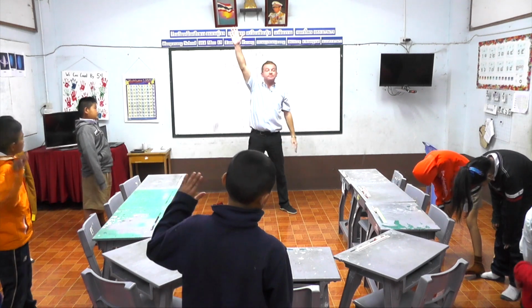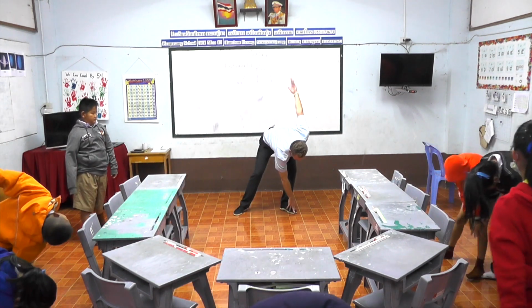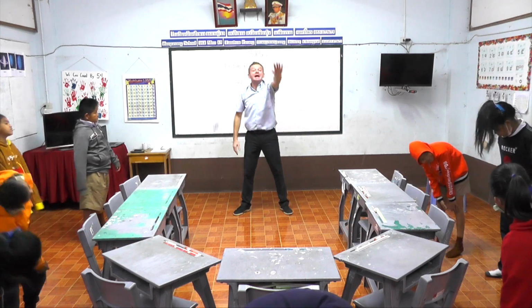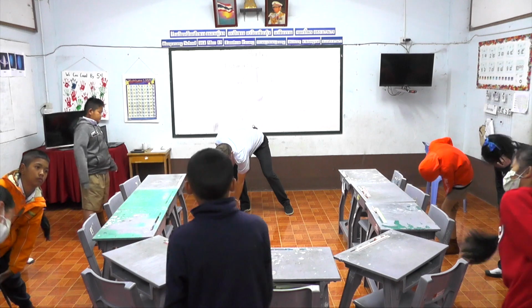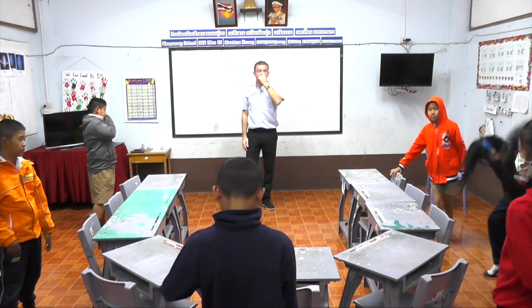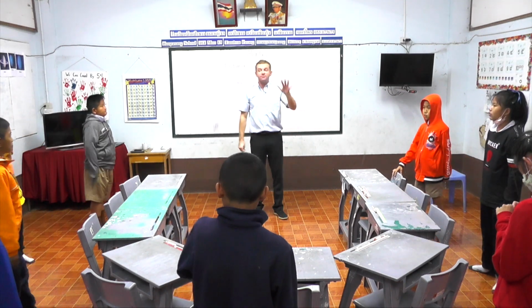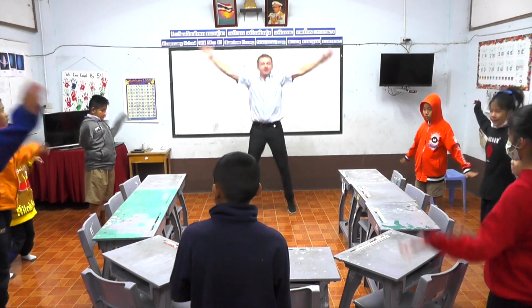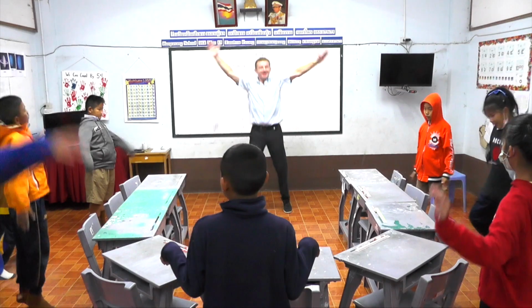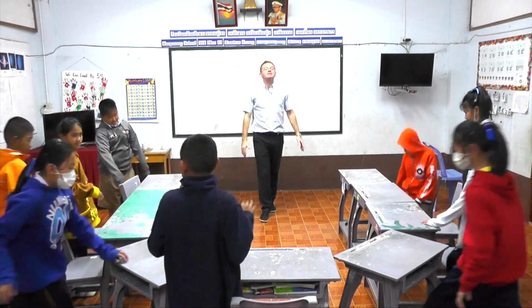Right hand, left foot. Left hand, right foot. And to finish, guys, this time we will do 5 star jumps. 1, 2, 3, 4, 5. Excellent, guys. Have a seat.